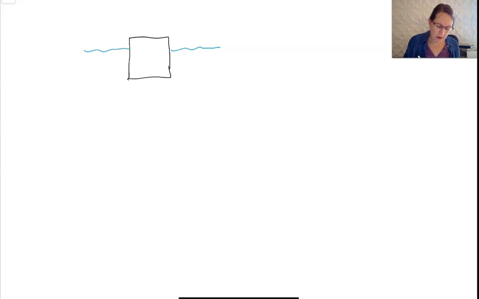So when we have an object that's just floating, as you can recall, the buoyant force is equal to the weight of the object, right? And to find the buoyant force, we look at the volume of water that's displaced underneath. So the buoyant force is equal to the weight of water displaced, or the density of the liquid times the volume that's displaced times g.